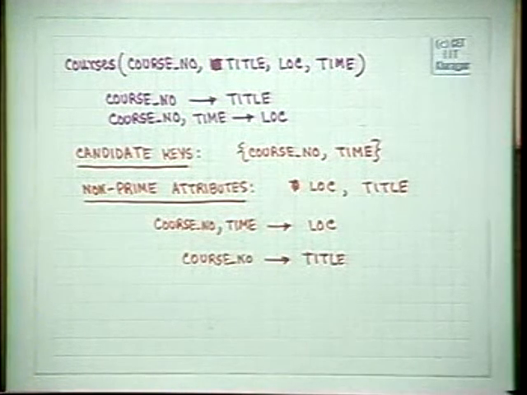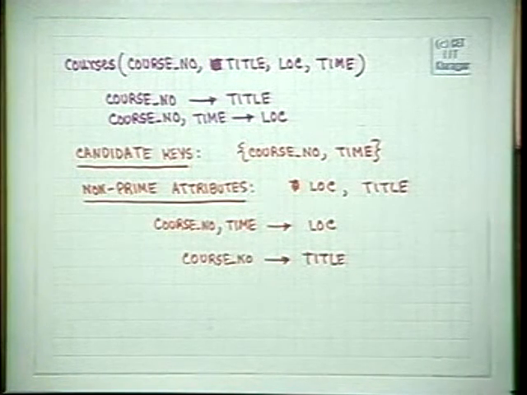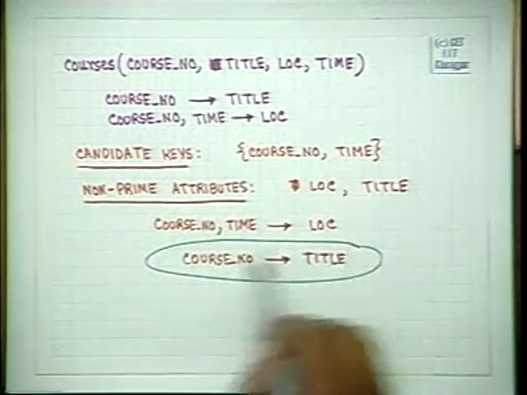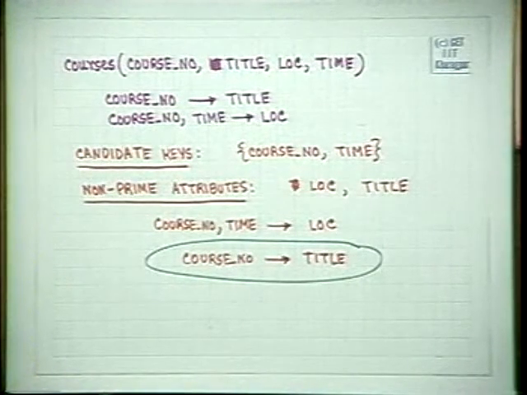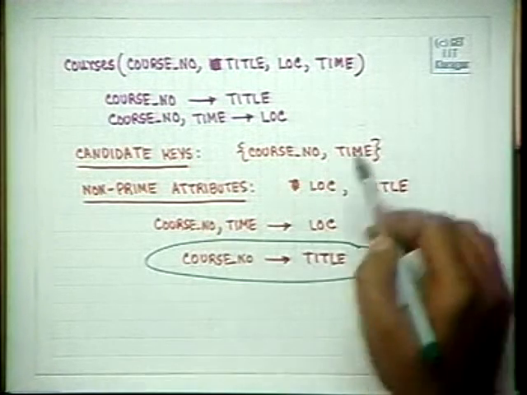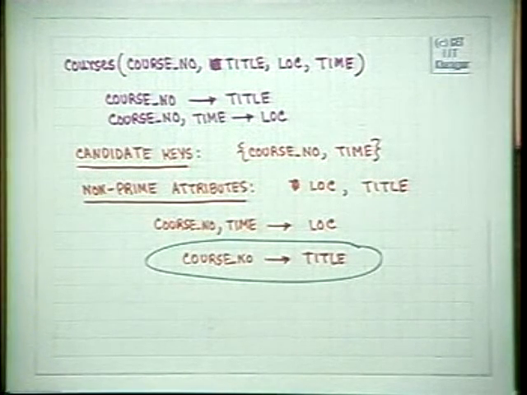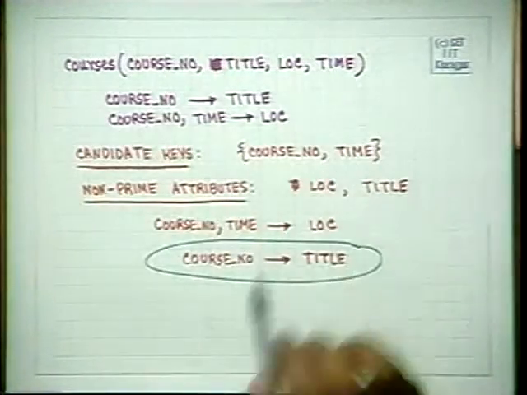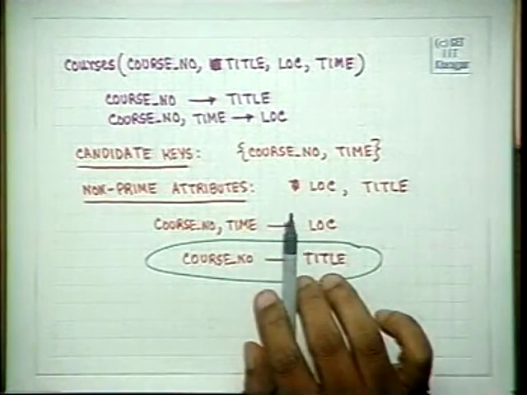So this non-prime attribute is not fully functionally dependent on some candidate key. Therefore, this relation is not in second normal form.